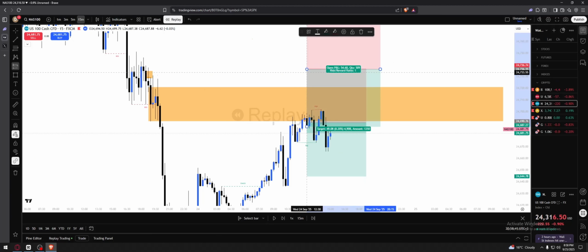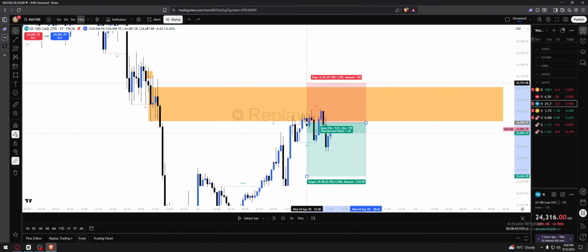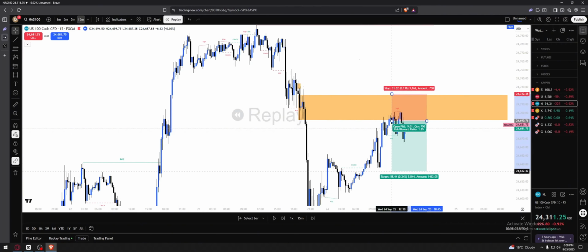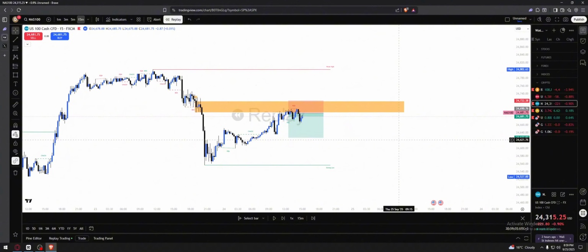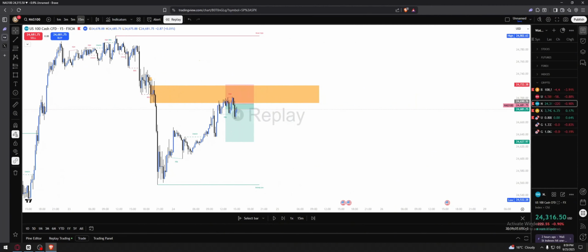Our stop loss would be outside the zone, and we target a 1 to 2. So okay, this is our 1 to 2, and this is how the trade looks like.